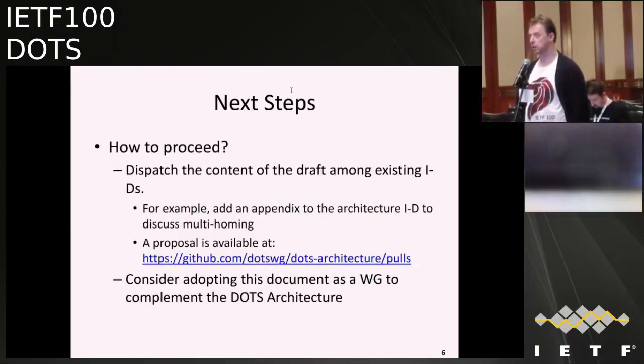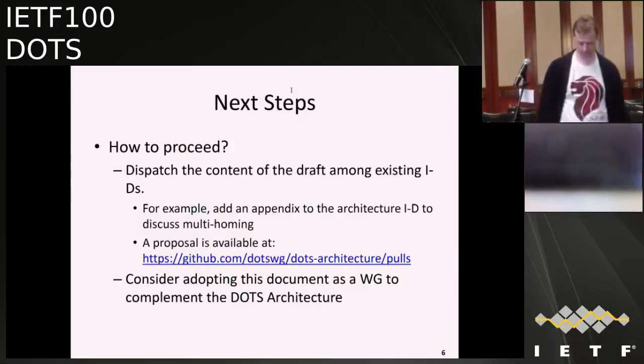But then I would question, if you would go down this way, why just for multi-homing? Is this such a singular problem that we should do just advisory for that or not? Yeah, so I'm torn between these things.